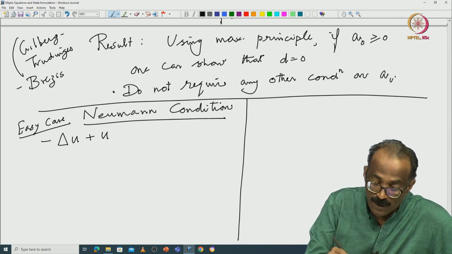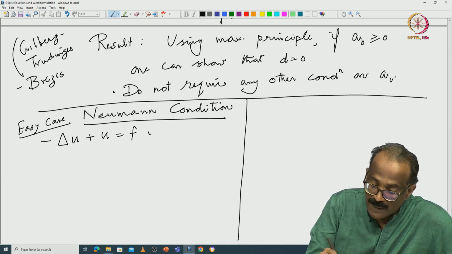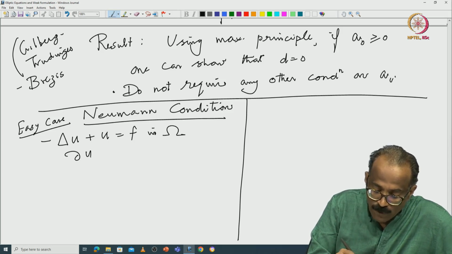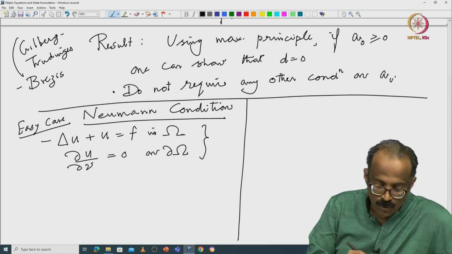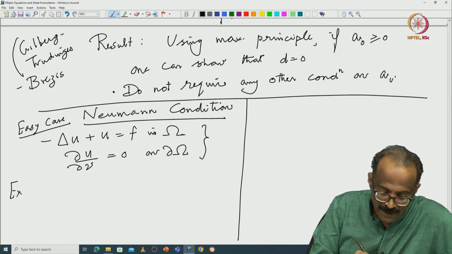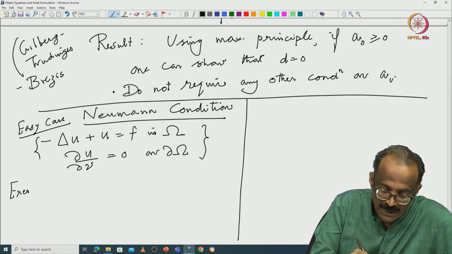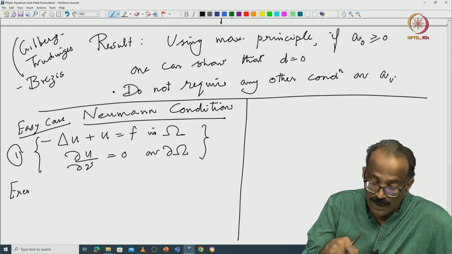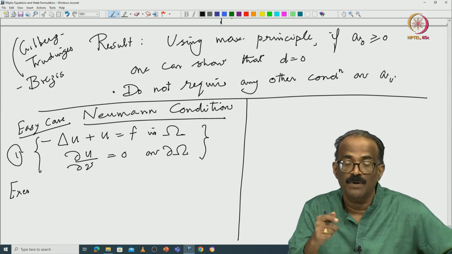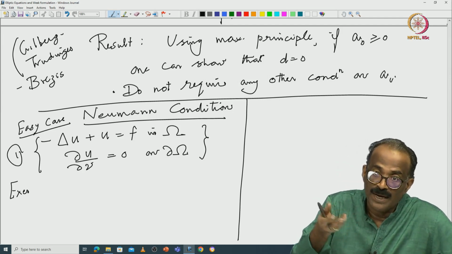So you consider this equation, f in L2 of omega, and du by d nu equal to 0 on the boundary of omega. This is a simple exercise. So this is your first equation. This exercise is slightly harder to derive, so I may skip a few things on how to get back.